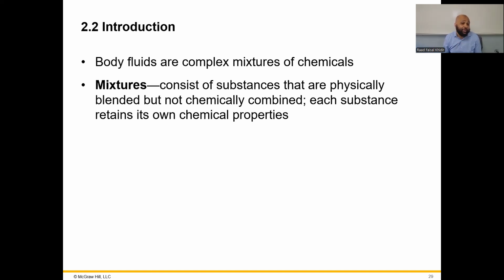So remember, a mixture is made up of different substances blended together, but they are not chemically combined. Each substance retains its properties, so you can tell which substance is which.